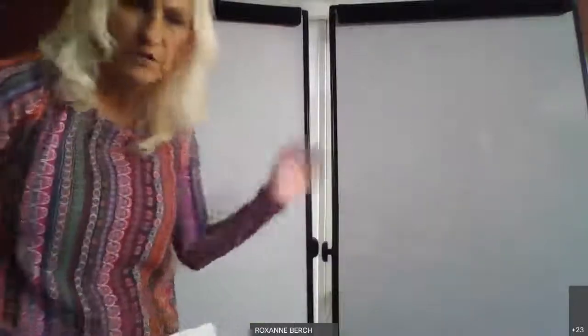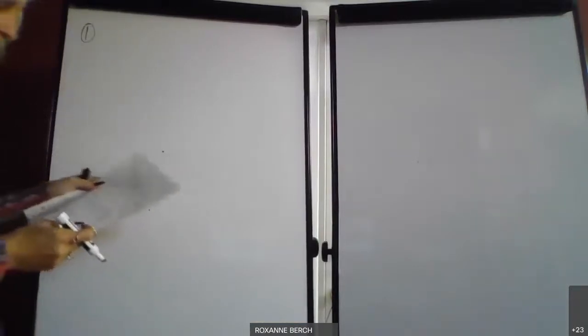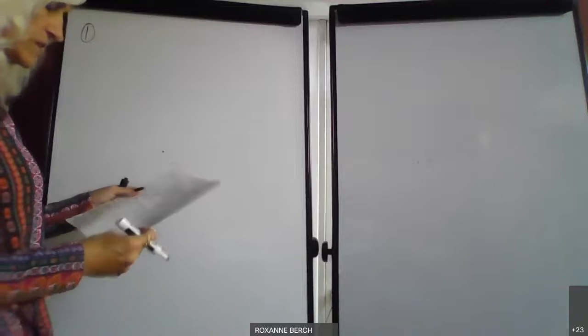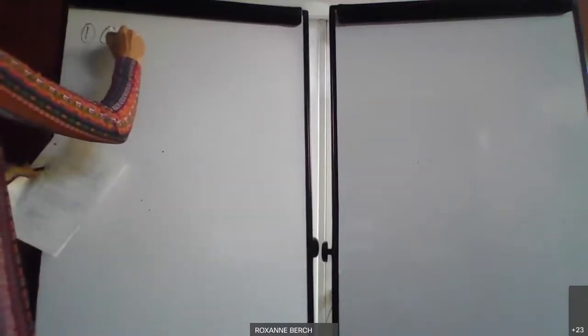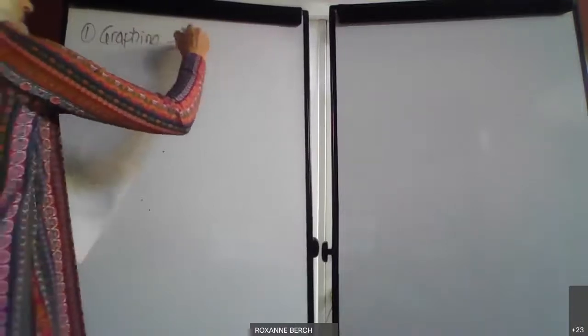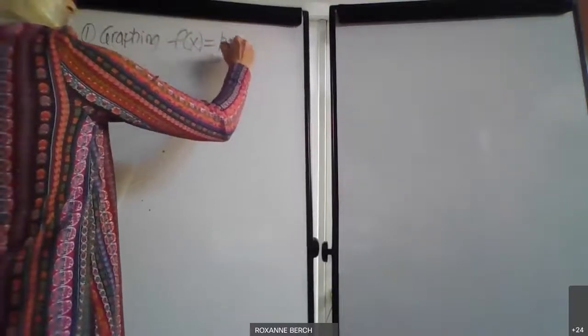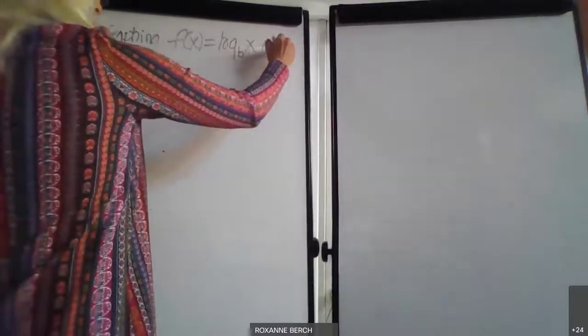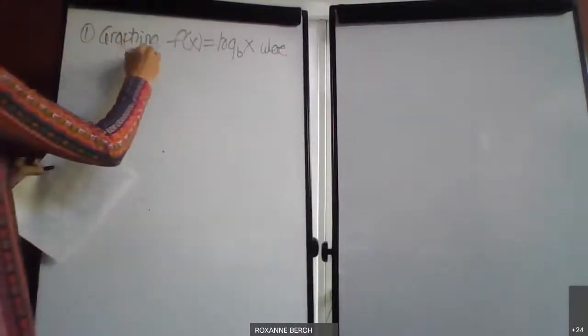Okay, but what I am going to go over is this. What we just did was not even the first objective. So we're going to do the first objective now, which is graphing logarithmic functions where the base is greater than 1.